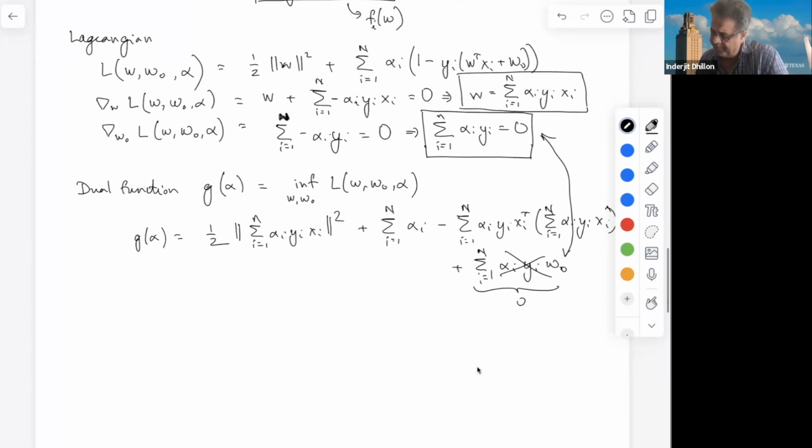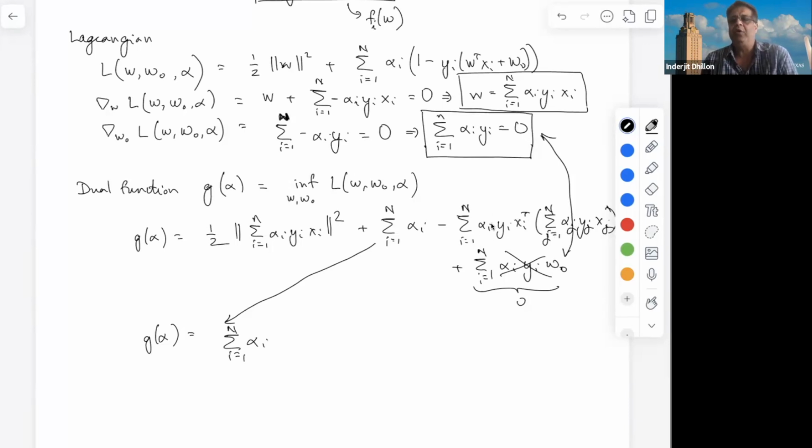Okay, now look at the rest part. So let me write g of alpha. Let me first take this term, summation of I equals 1 through n alpha I. And now if you look at this, this is half of this square. And if you closely look at this, I don't want to use the same I over here and the same I over here. So I should have used J over here. Okay.